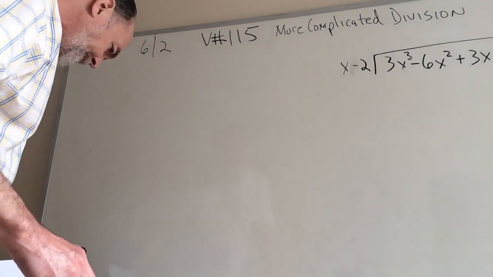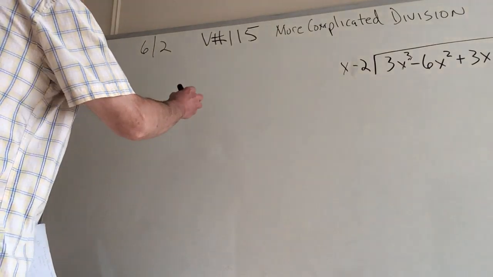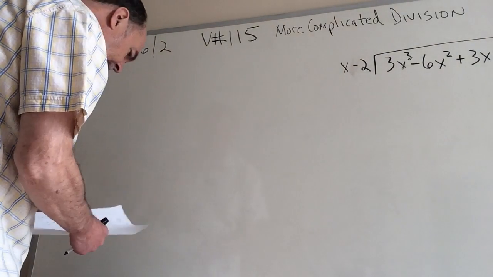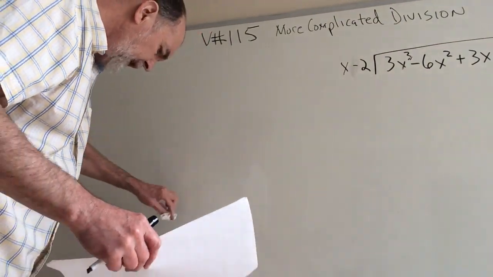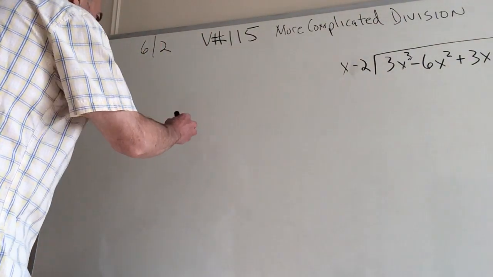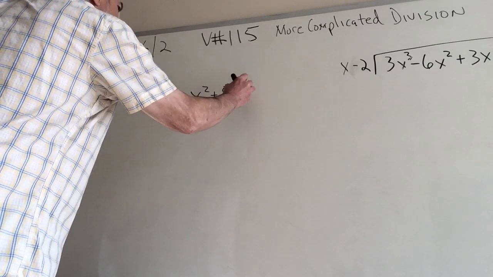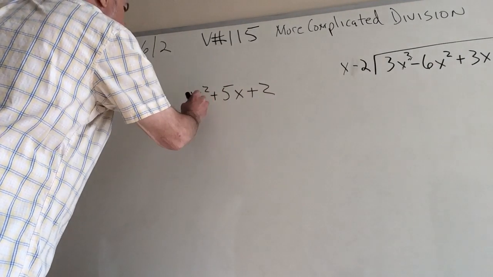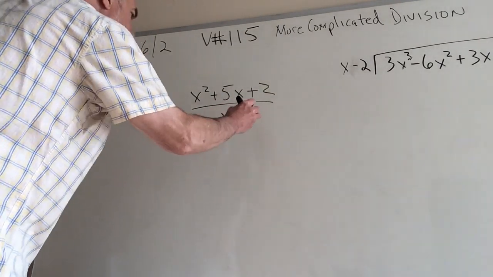And what I really was doing here, by the way, is dividing x squared plus 5x plus 2, or whatever it is, by x plus 1. Now, it's x minus 1, x plus 1.